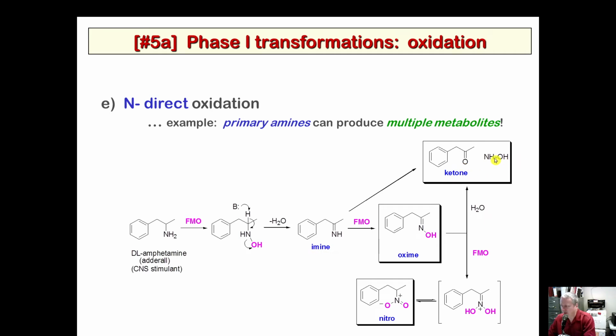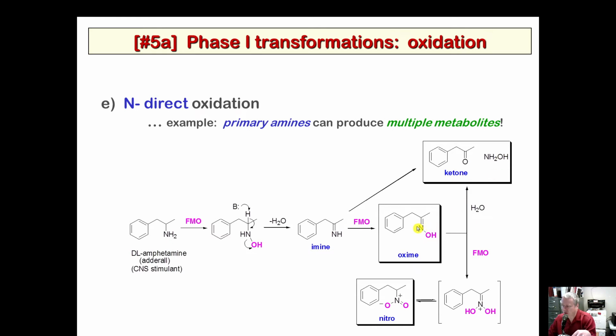Okay, and furthermore, the imine can be directly oxidized again by FMO, and then makes an oxime, and an oxime is another imine derivative. Okay, I think what I was trying to say in this figure was that if this hydrolyzes, you make the ketone, right? But the oxime can also hydrolyze, and that would make the ketone and hydroxylamine. So this is kind of right, it's drawn a little funny.